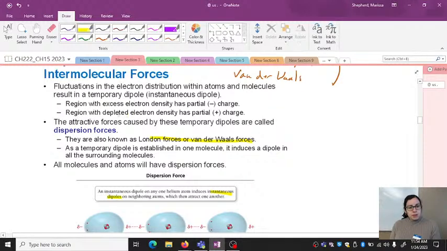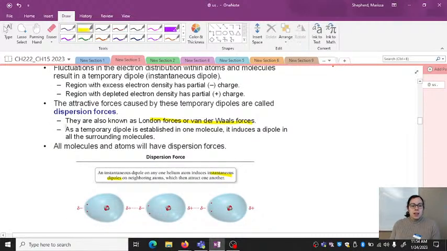Then it'll potentially be next to another region with depleted electron density, like we've seen in this picture, with a partial positive charge. And so you get attractive forces caused by these temporary dipoles called dispersion forces, or London dispersion or van der Waals forces.